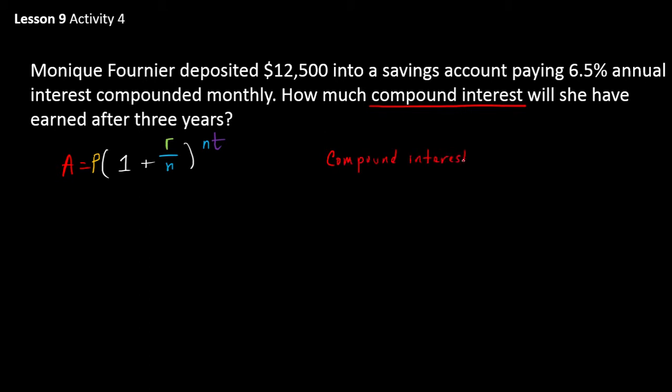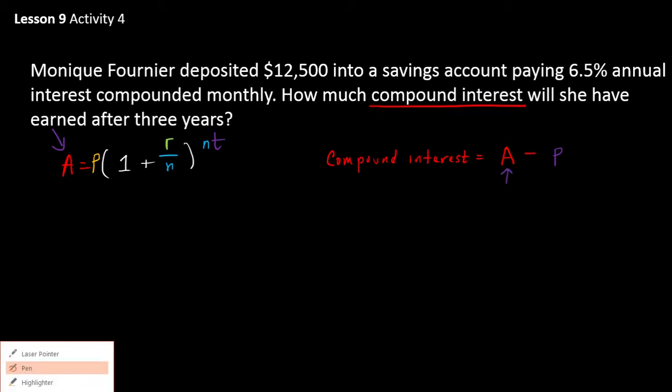So to find my compound interest, I'm actually going to have to take this A and subtract it from P. So the A and the P in my compound interest formula are the same A and P over here. To find the amount of interest, I find how much I started with in the account, how much I ended with in the account, and I take the difference to figure out how much money the account gained. So to get to compound interest, I first have to solve for A. So let's start with that.